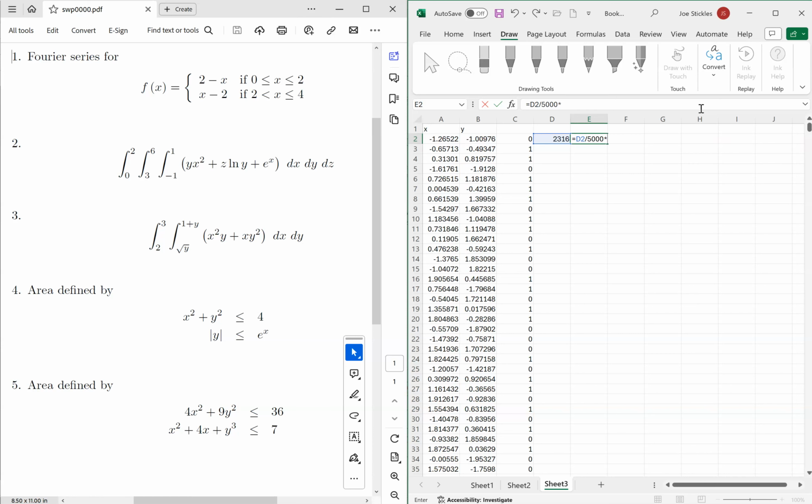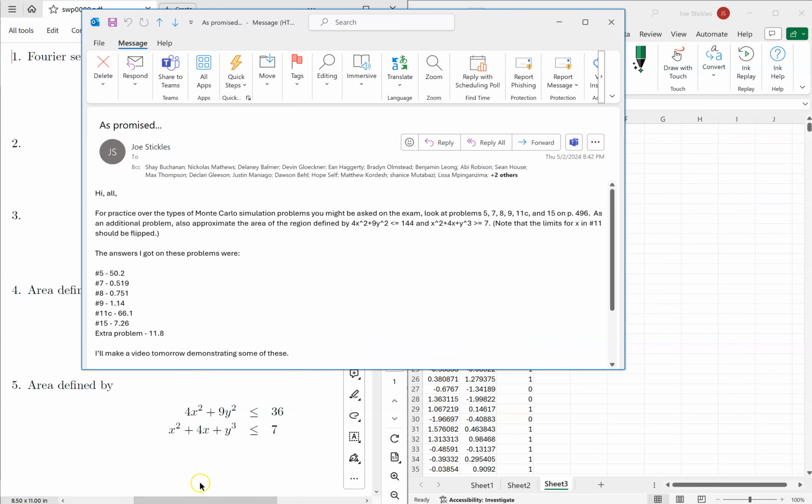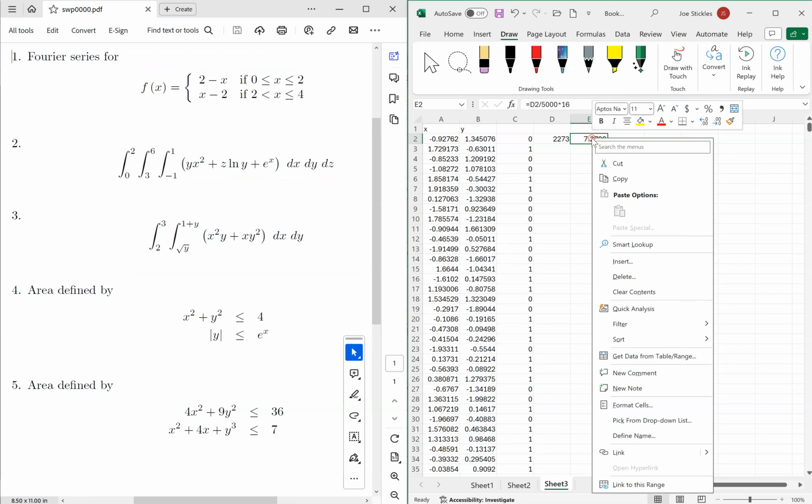We'll multiply that by the total area of the rectangle. The area of the rectangle in this case is 16. It's a 4 by 4 rectangle, -2 to 2. So we get approximately 7.27 for that one, which is pretty close to the answer that I sent you in email.